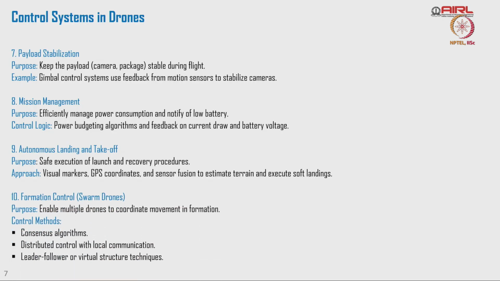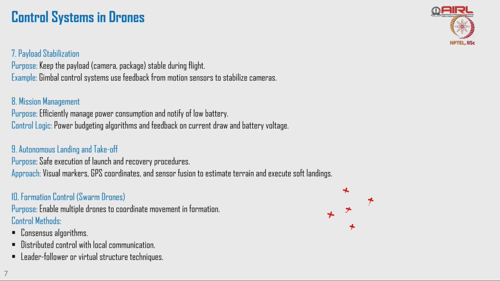Finally, I will talk about formation control, which is again a very important aspect of control systems in drones, where the purpose is to enable multiple drones to move forming a specific formation or specific pattern. The drones can move forming a square kind of formation, or it can be something else like a star.